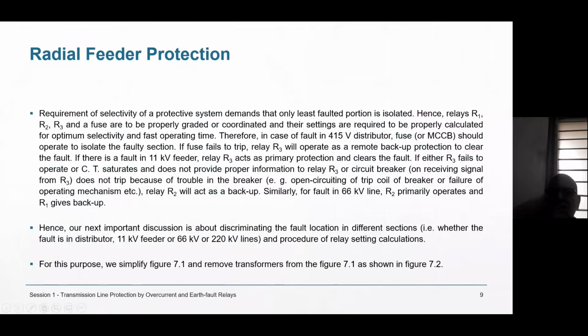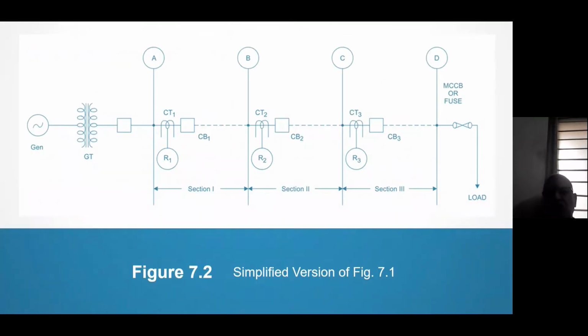So this is all what I told. And the last line I am writing: for this purpose we draw a simplified figure, that is 7.2. At B there is a transformer, but I have not drawn it.